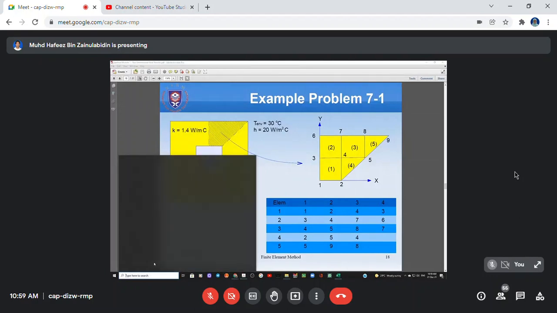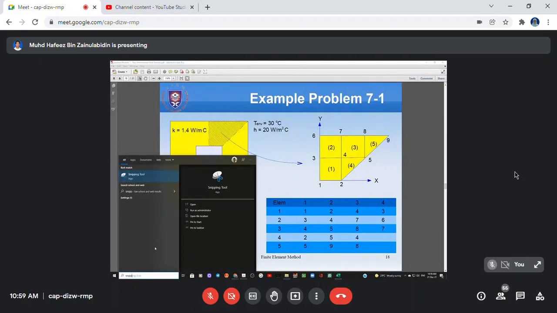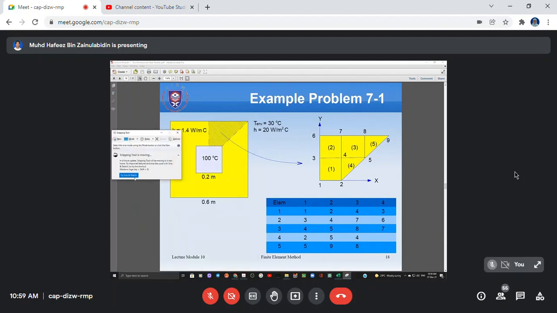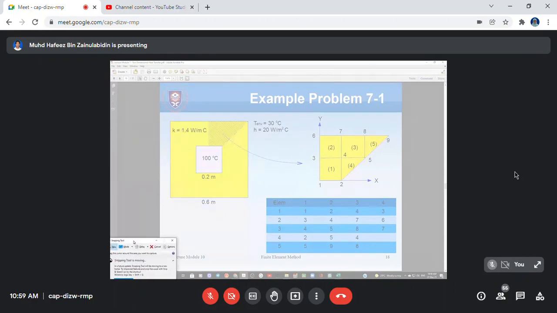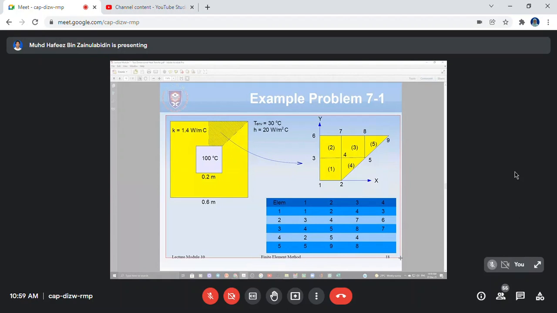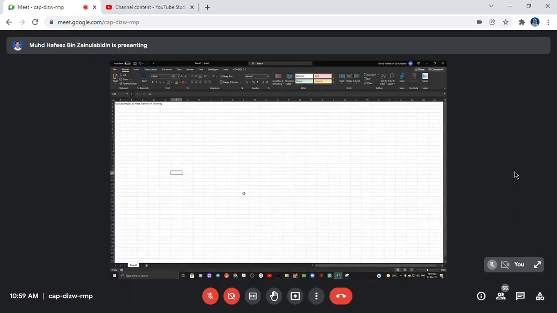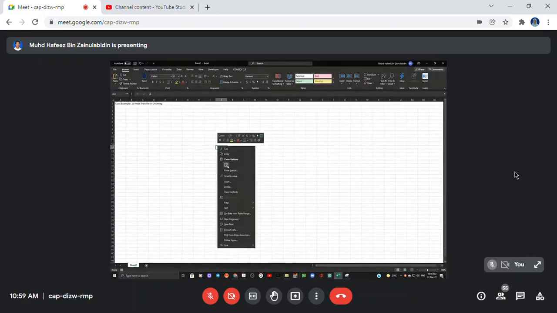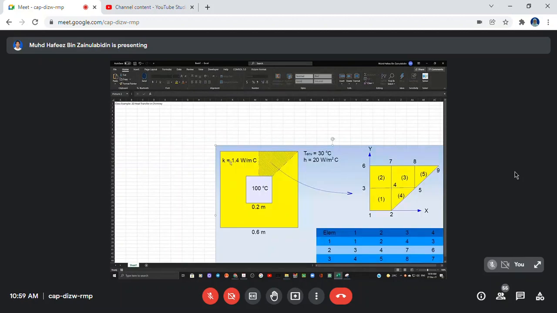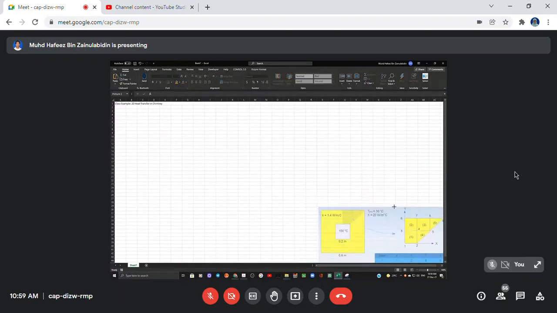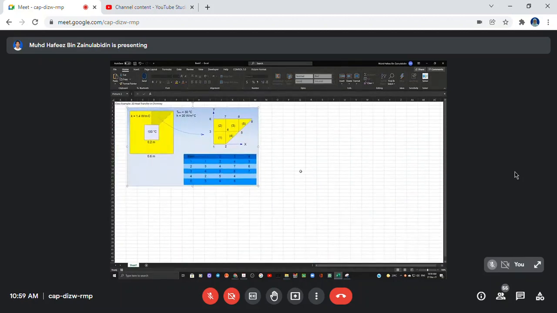Okay, copy the picture. Okay, next one is the coordinate.